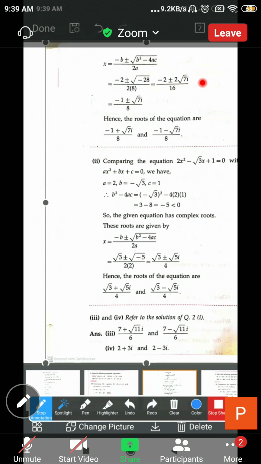Then 2 and 2 get cancelled, and we get the value as minus 1 plus or minus root 7 i by 8. These are nothing but the roots of the equation.